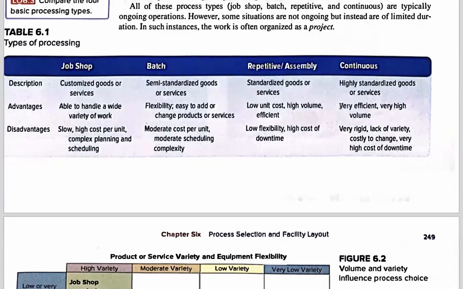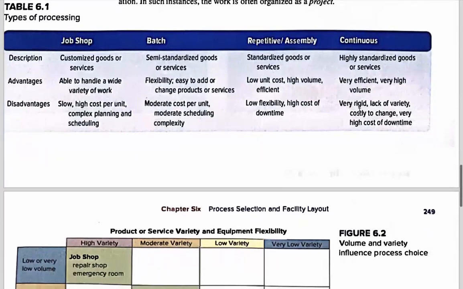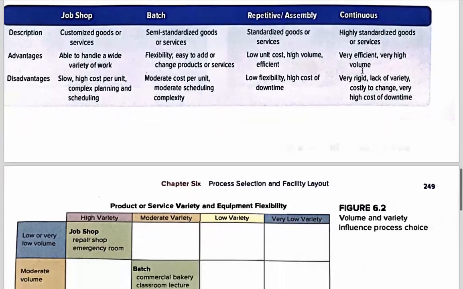They are very efficient, and they have to be efficient because they are competing for cost, and they're very rigid, which means, for instance, an oil refinery can only produce oil. It cannot make dairy products. It cannot make steel. It cannot make cement. It can only produce oil. So these processes in continuous, they are very rigid.